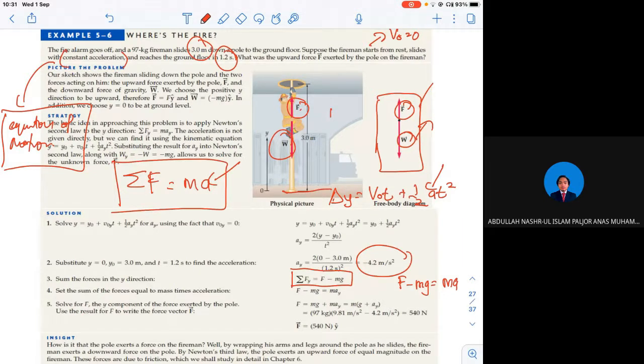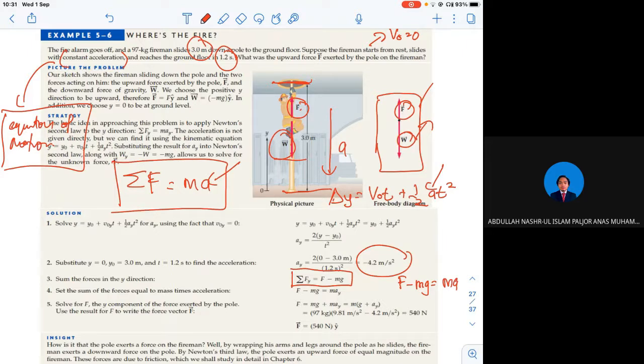To choose between weight or force, we need to know the situation. If the fireman is going upward, then the force will come first, followed by W. The force will reach the top first, followed by W.